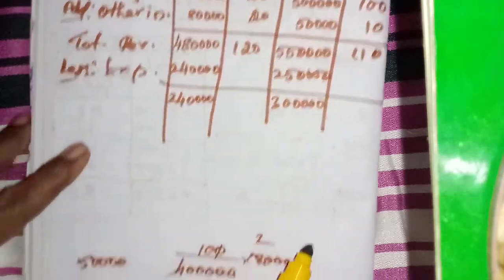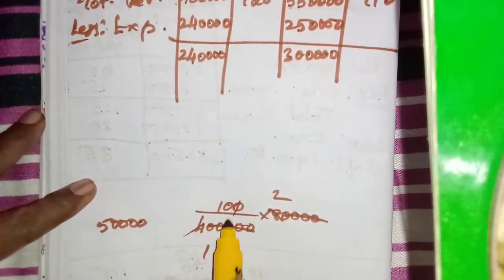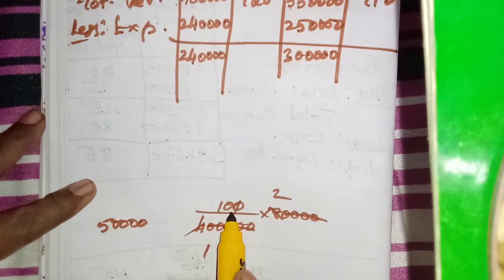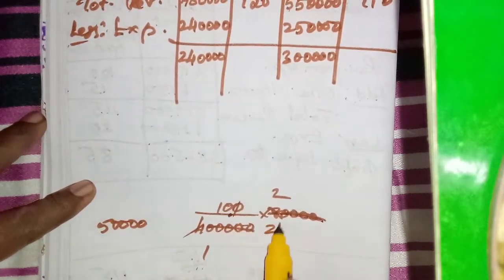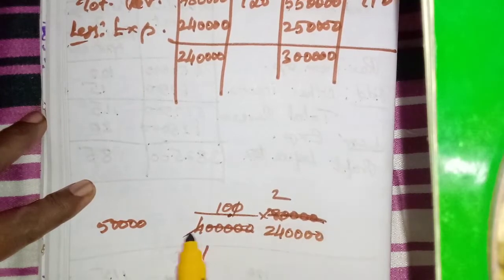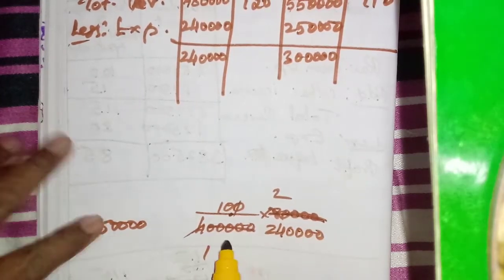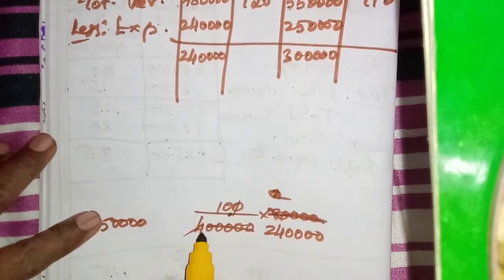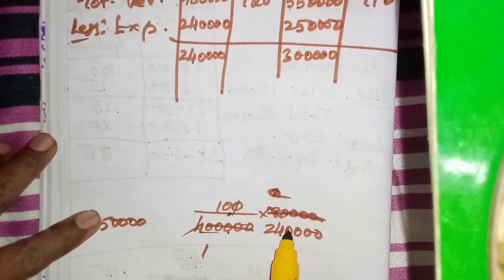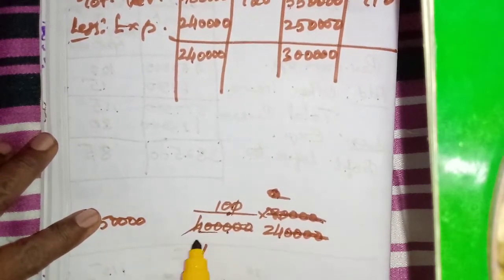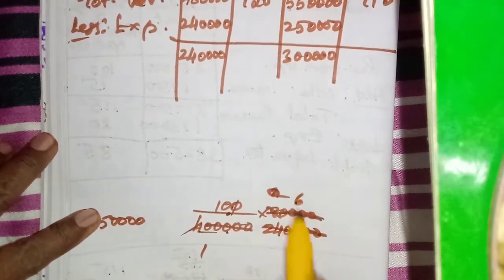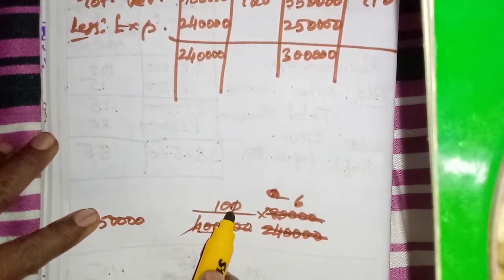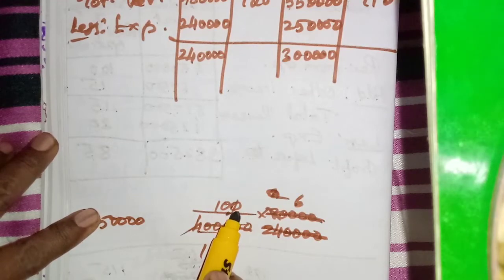Okay, now we will calculate. For 4 lakh 100, then for 2,40,000. Okay, 50, here 401. Okay, then 4, 6. 6 into 10, 60, isn't it?